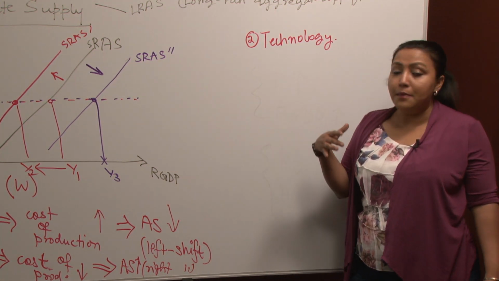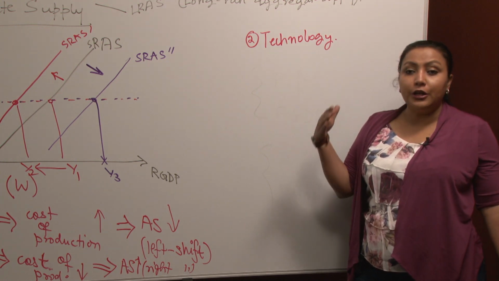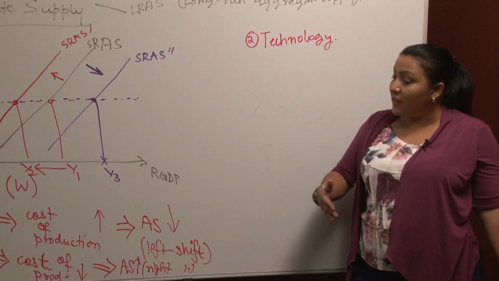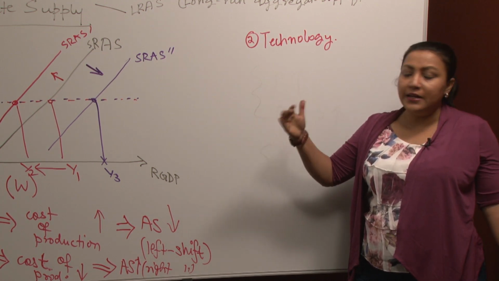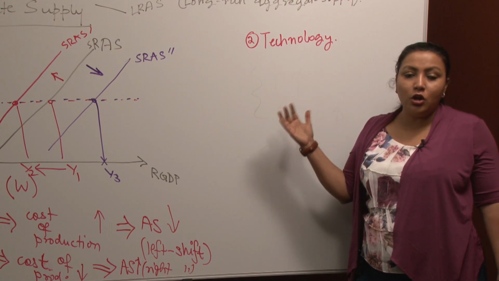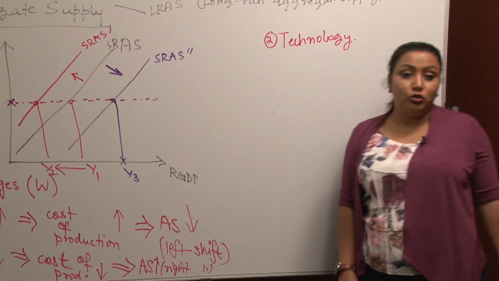The opposite would happen if there is a deterioration in technology. For whatever reason, if the technology of the country as a whole goes down, then once again, with no change in the price index, you would see a dip in the aggregate supply of the economy in the short run, as a result of which the short run aggregate supply would shift to the left.